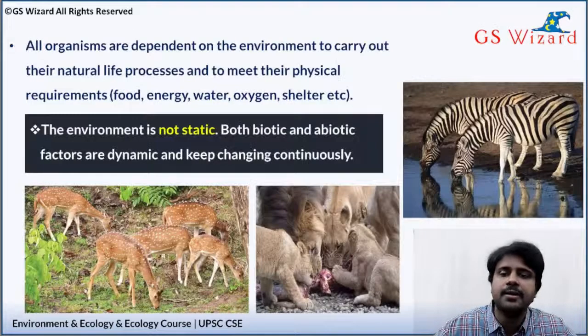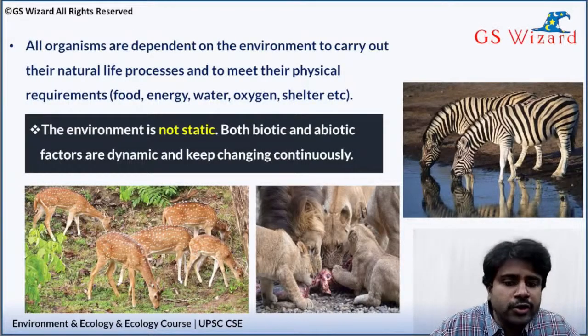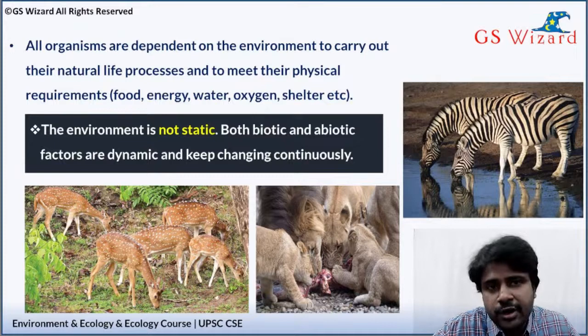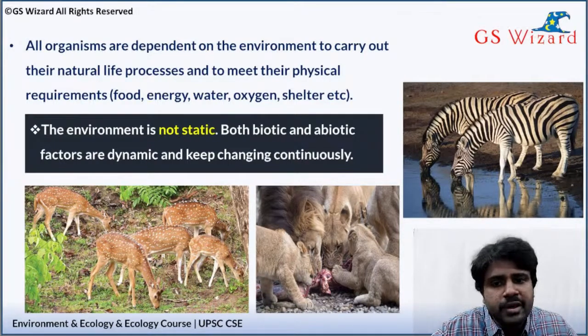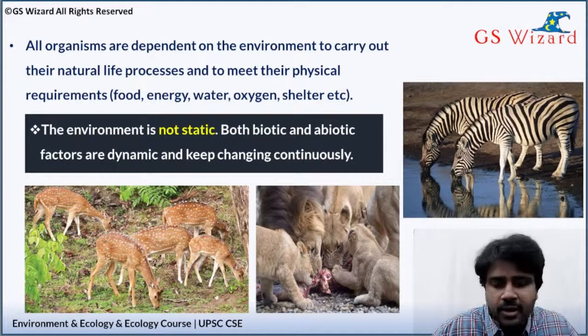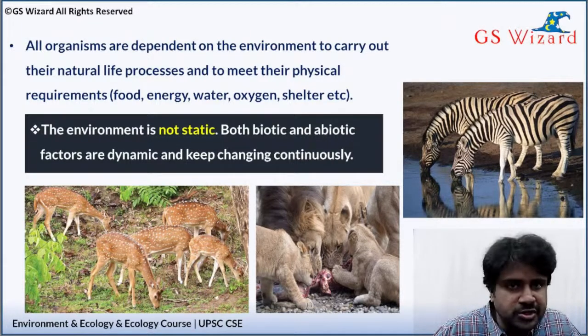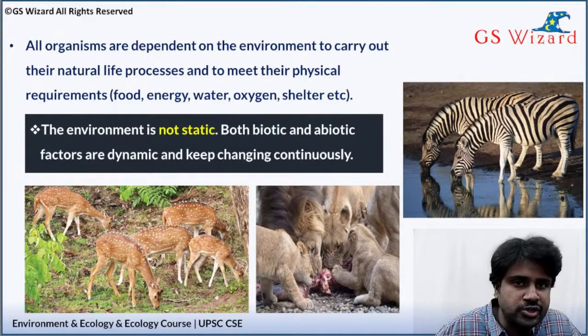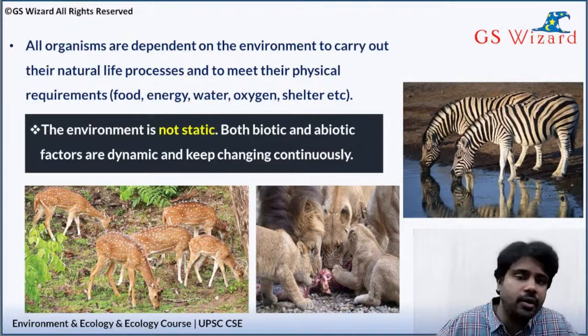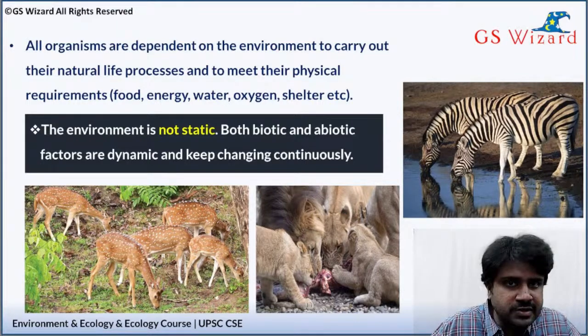Now, all the organisms depend on the environment to sustain their life. What do you mean by sustaining life? To carry on various processes like respiration, metabolism, digestion, excretion, reproduction, circulation. All these are the various life processes.